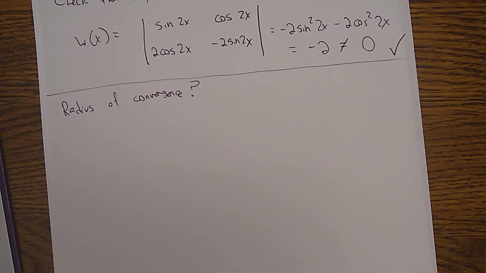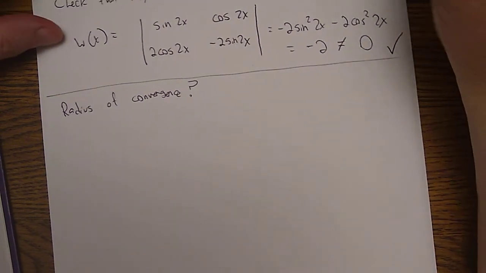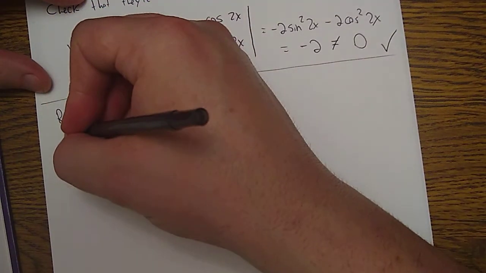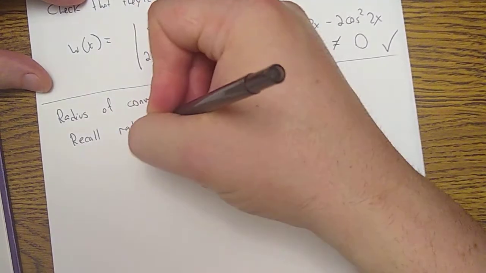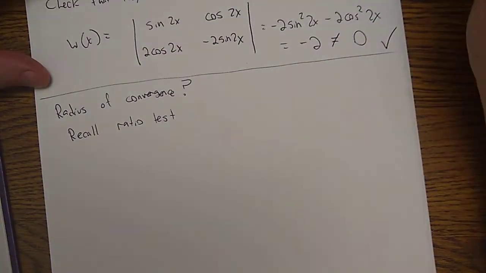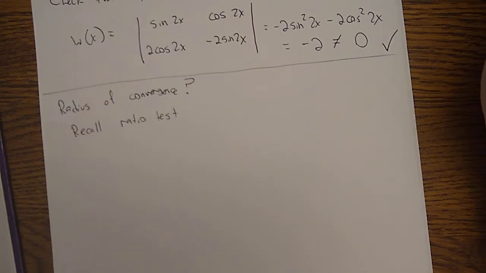So for the radius of convergence, here's what we have to do. Recall the ratio test, and this is going back to Calc 2.